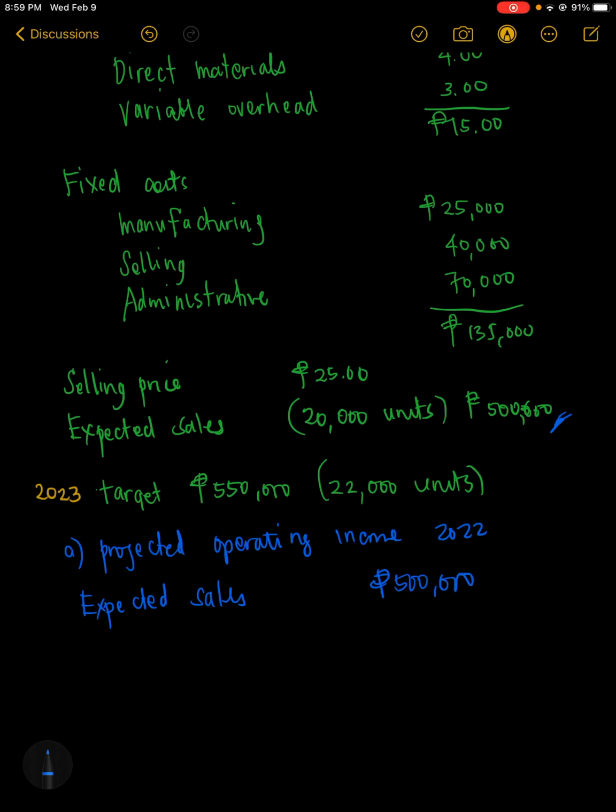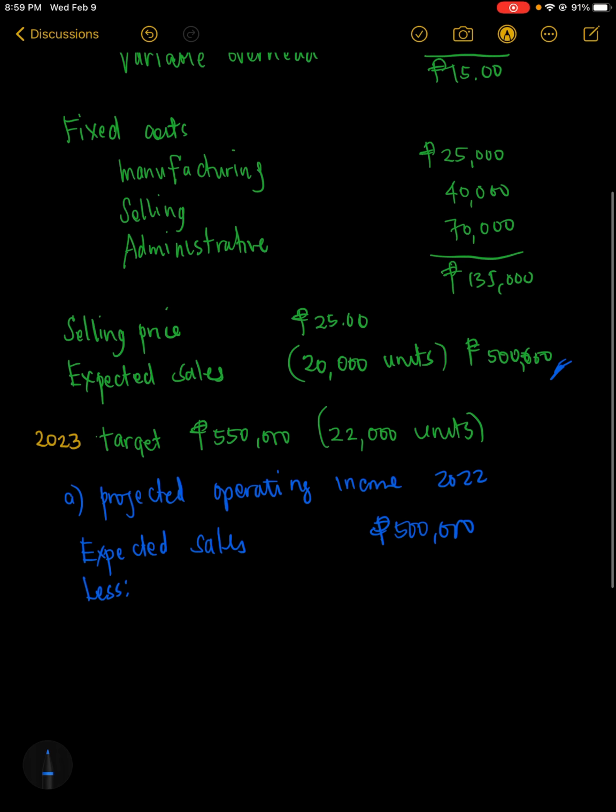And then we will deduct, babawas natin yung ating mga cost. So yung variable cost natin, how much is our variable cost? And that is, based on our problem, 15 pesos.